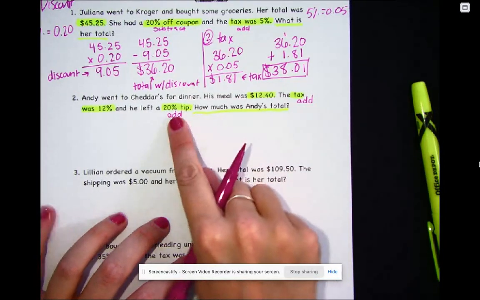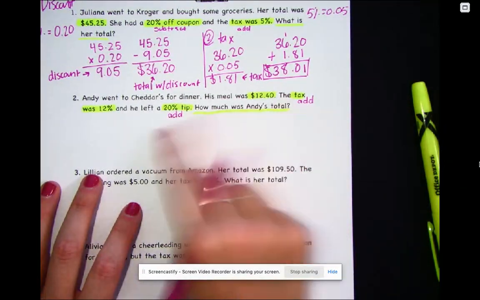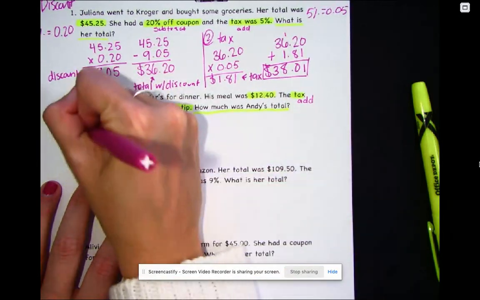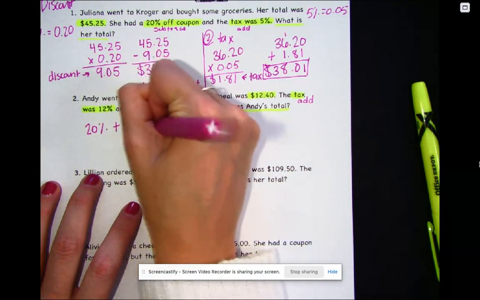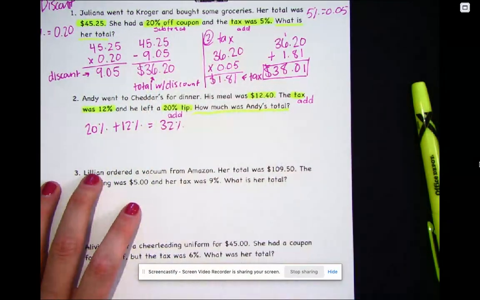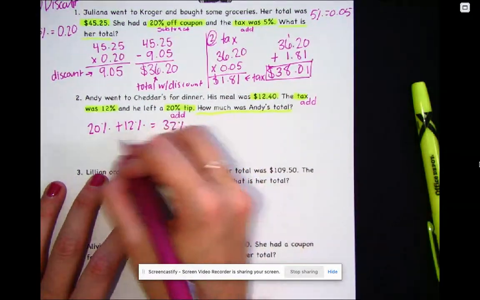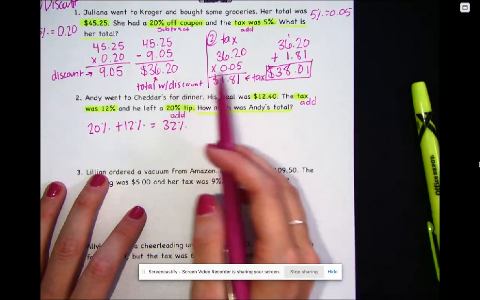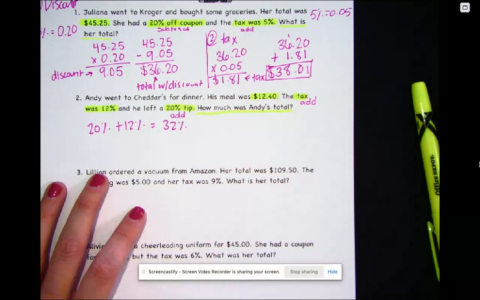Now, since we can add both the tip and the tax, this problem, we're going to add those percentages together. So we're going to do 20% plus 12%. And get our 32%. Remember that tax and tip work out the same way. That's why we can add them together. We couldn't do that up here because we had subtract and add. Those are different. Here we had add and add.